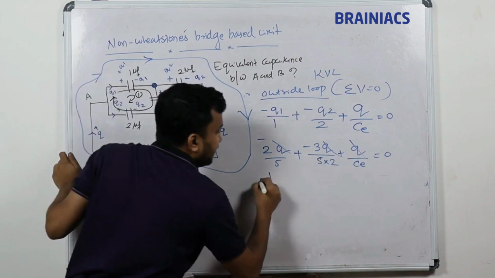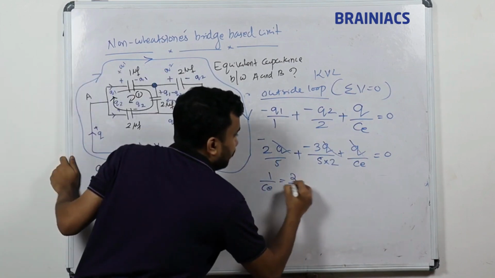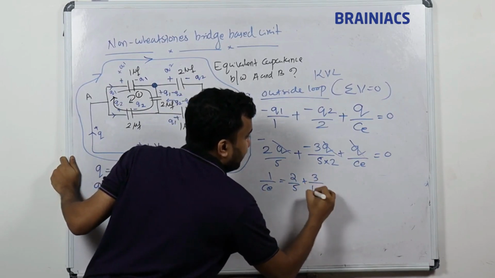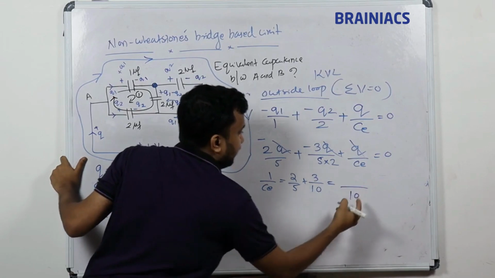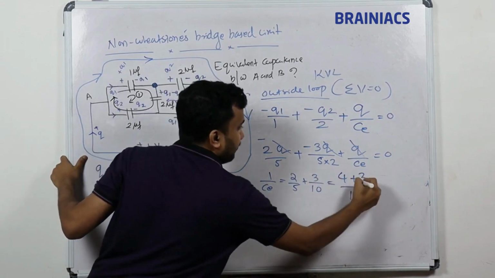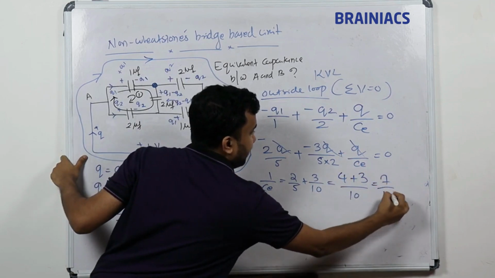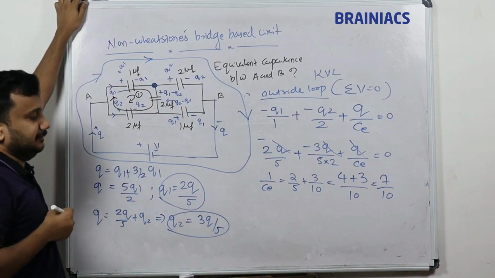So I can say 1 by CE is taken here and the rest of the things go to the right-hand side. It becomes 2 by 5 plus 3 by 10. Taking 10 as the LCM, 10 fives are 2 times, so it becomes 4, and 10 tens 1 time, so it becomes 3. It becomes 7 by 10.